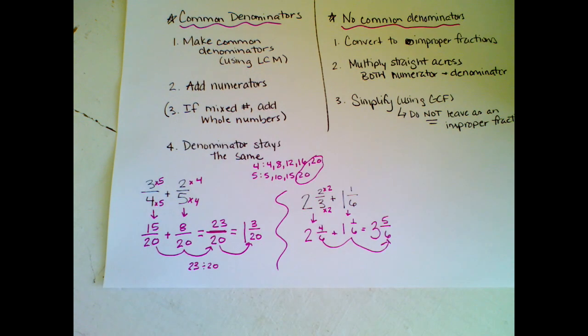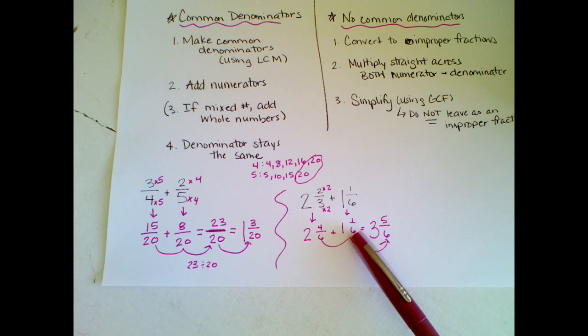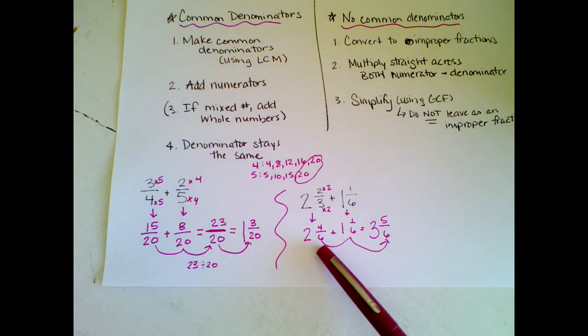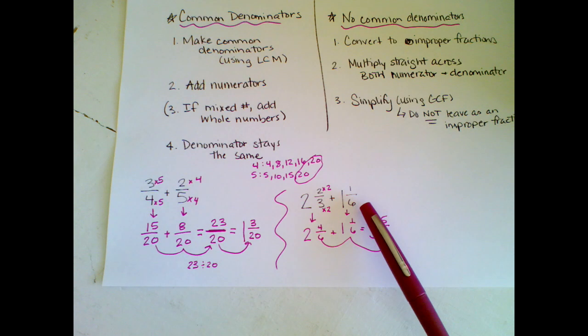Okay, you should have ended up with 3 5/6. So here you can see my work. It's always great when one of the denominators will make the other, so you don't have to do quite as much work. So 1 and 1/6 stayed the same, and we made the 2/3 into 4/6. You could have multiplied the 3 and the 6 and gotten 18.